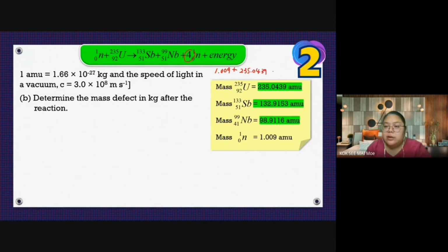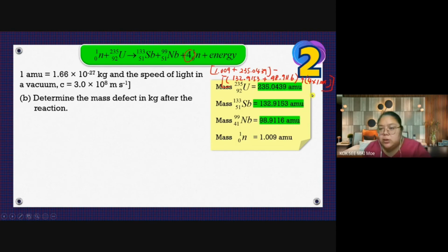After that, minus the bracket: Cs 132.9153 plus 98.9116, close the bracket, then plus 4 times 1.009, and then put the big bracket.